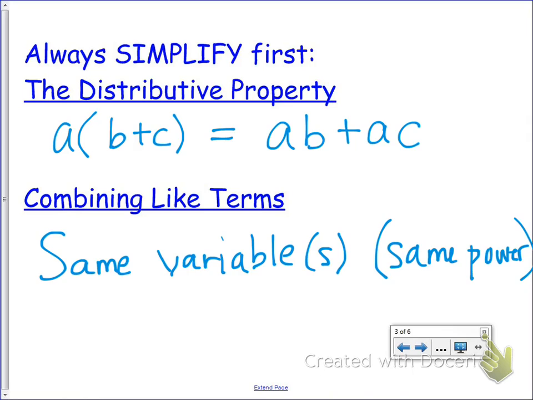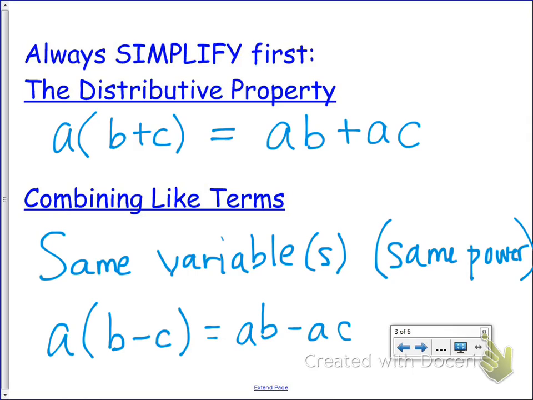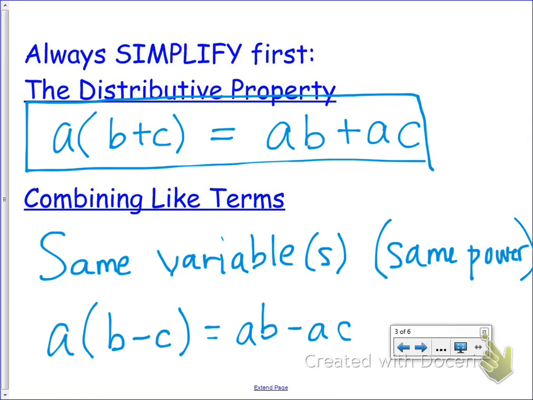If you have inside parentheses b minus c and it's being times by a, then that makes sense that it would be equal to a times b minus a times c. And we could prove that using writing subtraction as addition, but we'll just assume that the subtraction does work.